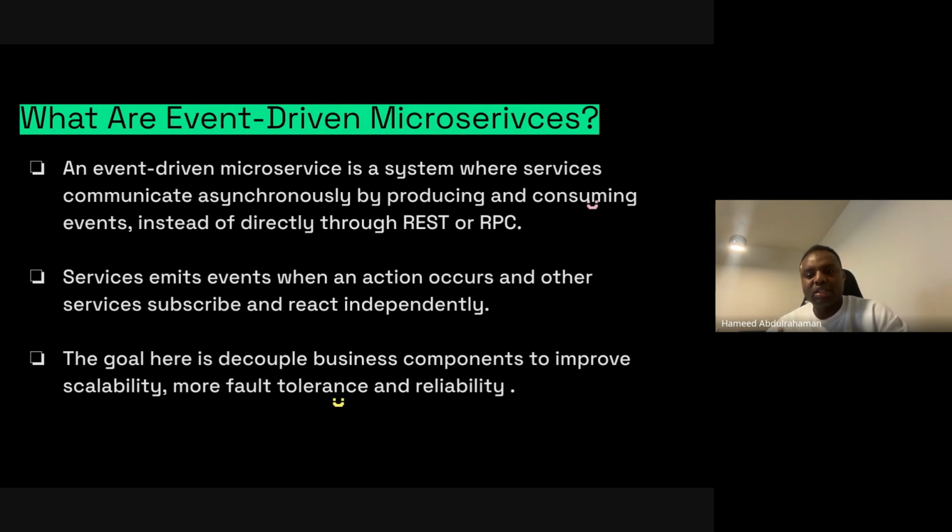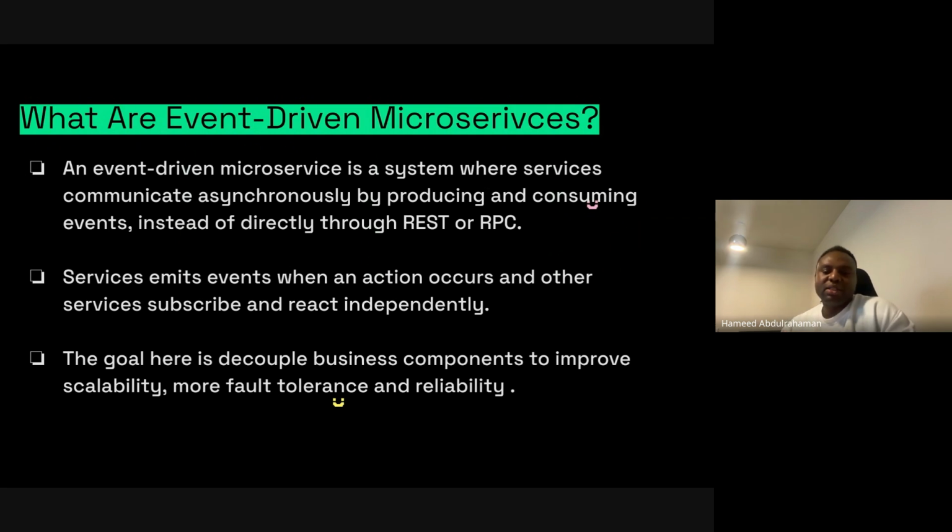HTTP is a blocking kind of communication: it's synchronous, and you have to wait for the response immediately. So then we moved into event-driven microservices architecture, which uses events instead of HTTP requests.